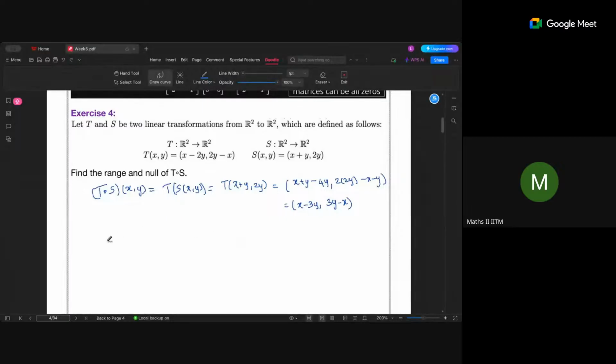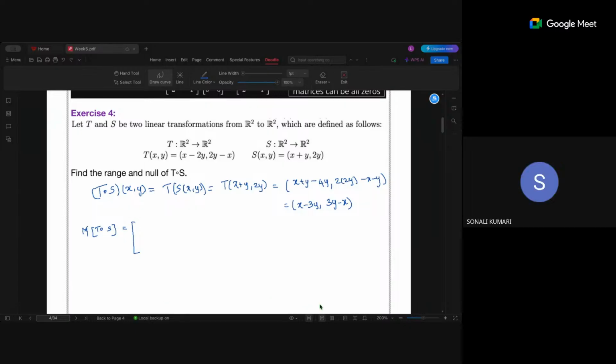So what is the matrix representation of T composition S? What is the first column? X minus 3y.